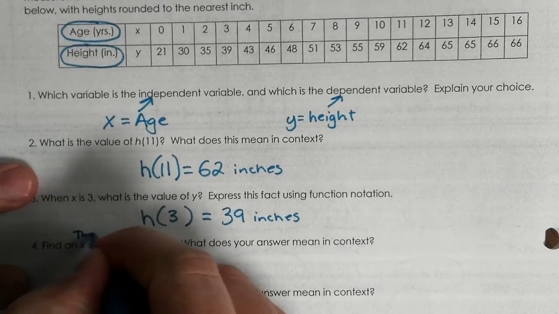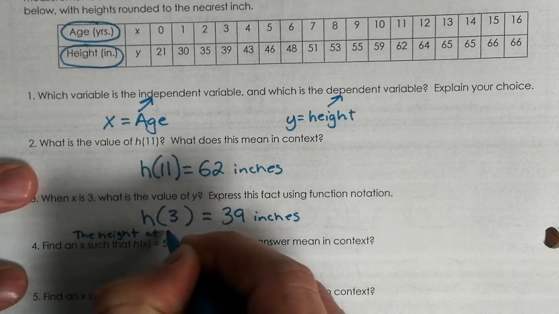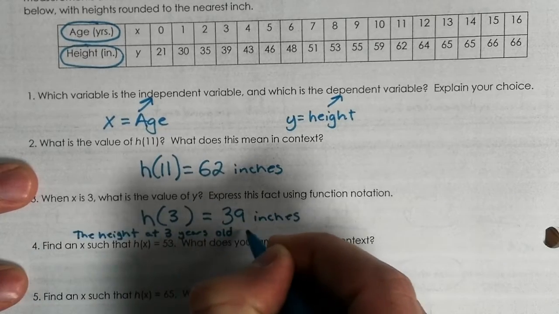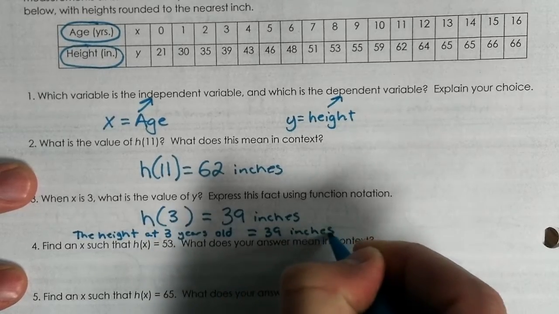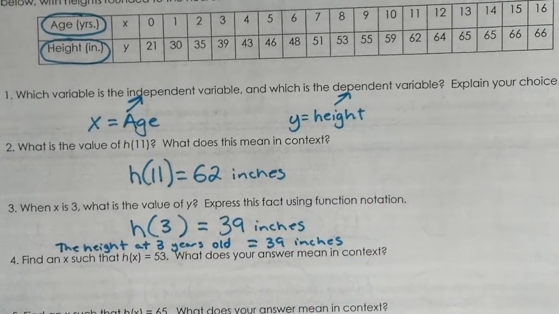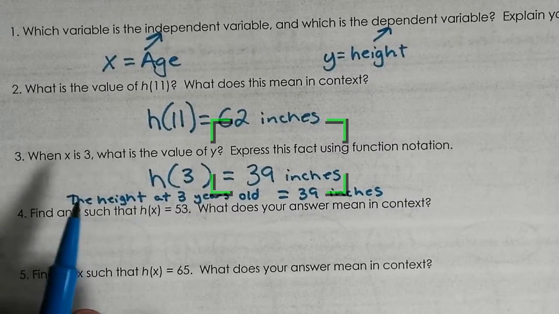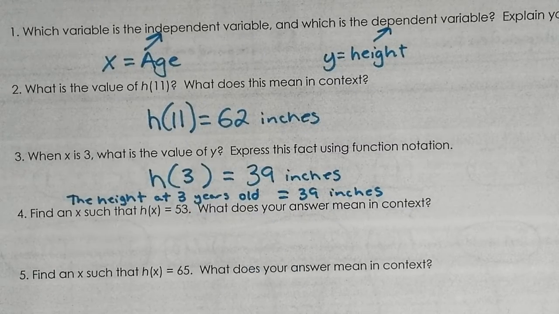So the height at 3 years old equals 39 inches. And let me zoom in on that. The height at 3 years old equals 39 inches.